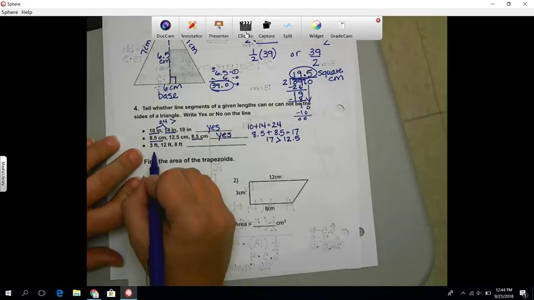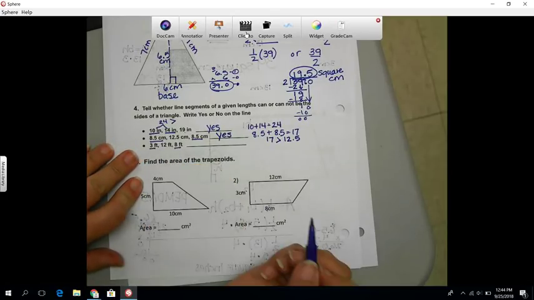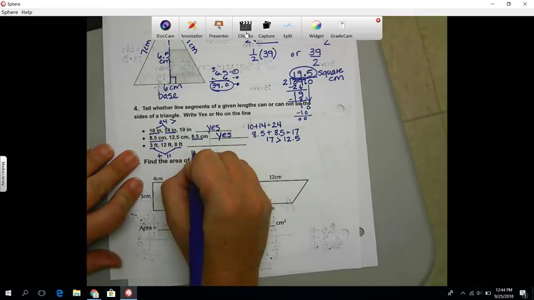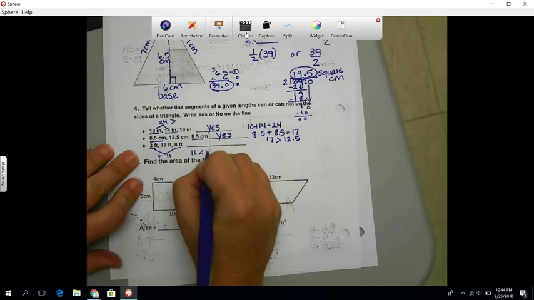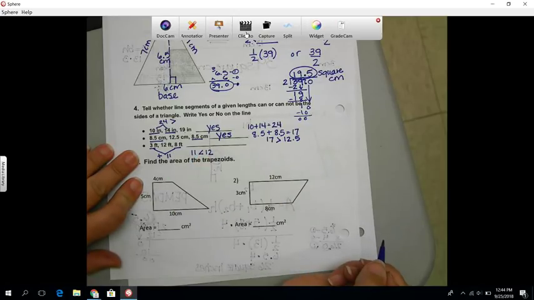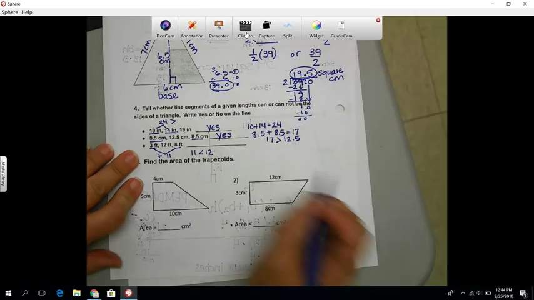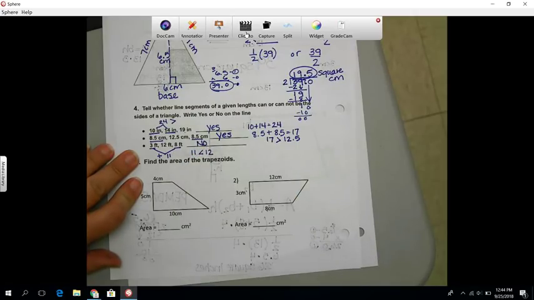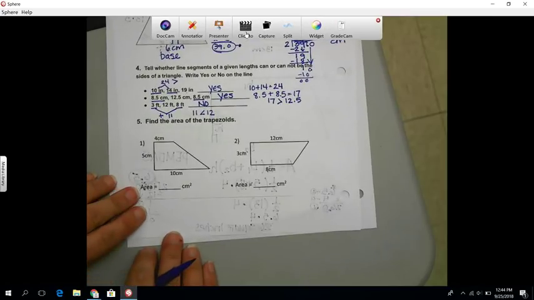And the last one, 3 feet and 8 feet. 3 plus 8 is 11, and 11 is less than 12. So guess what? We cannot make a triangle with those side lengths. Good job, guys. Let's go down to number 5.